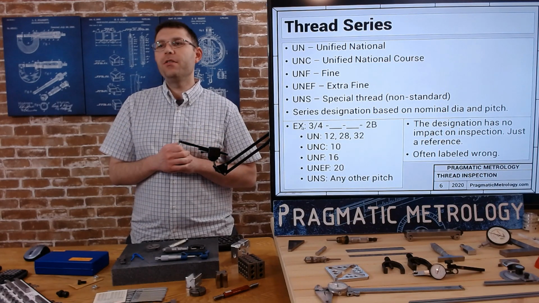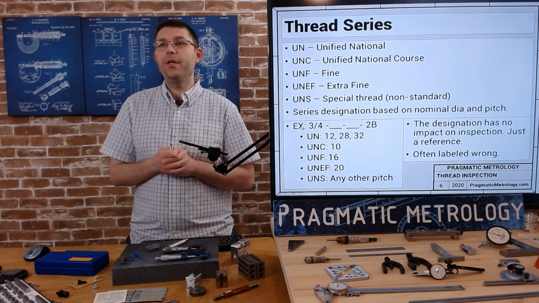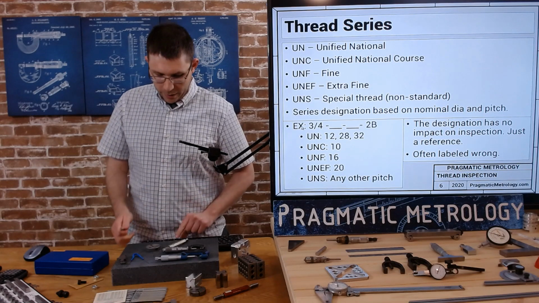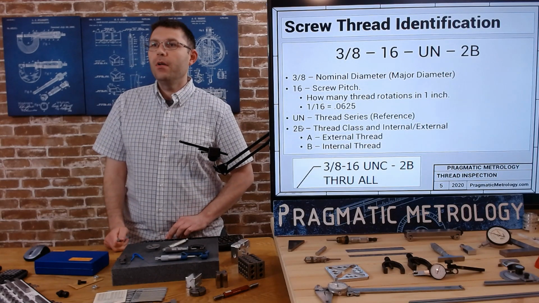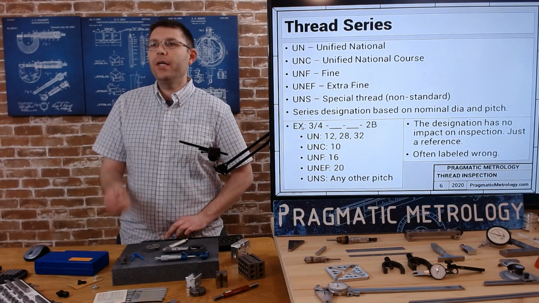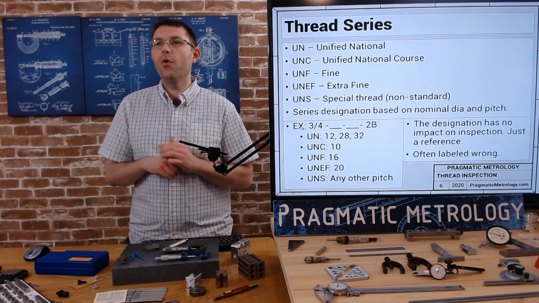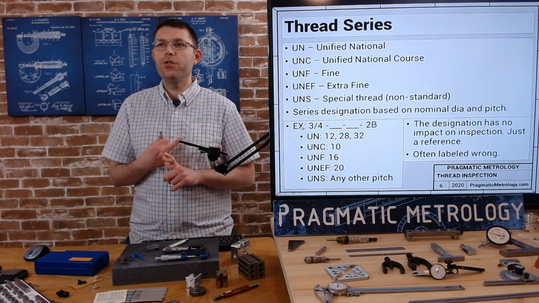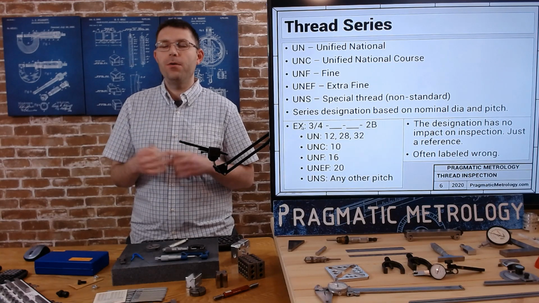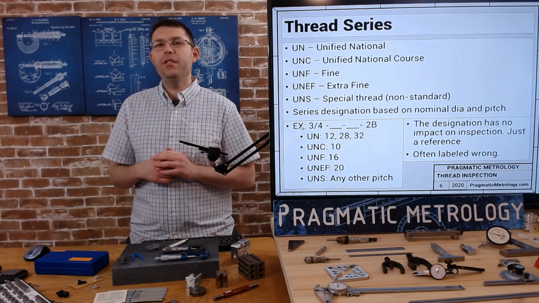If you're UNC, you're going to be 10. UNF is 16, and UNEF is 20. But in our previous example, our 3/8 16 is a UN, and our UN on a 3/4 are 12, 28, and 32. And our 16 in this case would be a fine. So it changes between different threads.